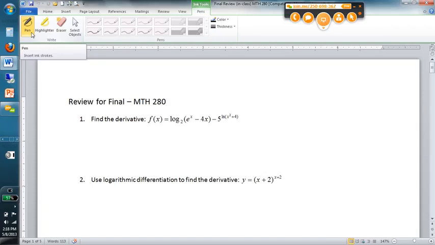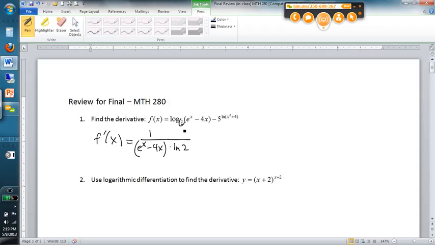It is still 1 over the inside part, which is e to the x minus 4x, but we have to multiply on the bottom by the natural log of the base. So you have to multiply by the ln of the base.